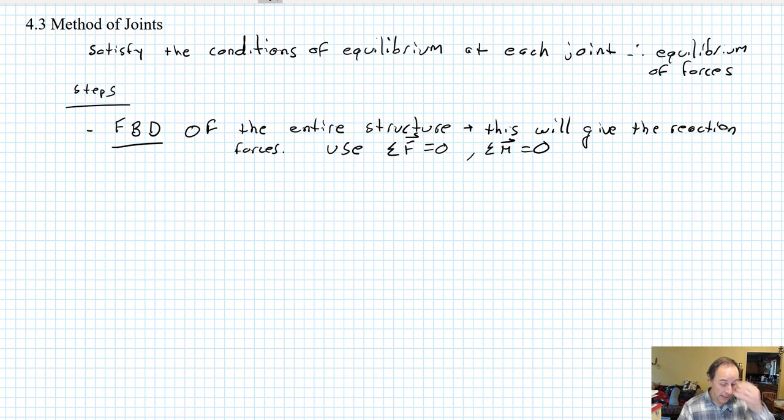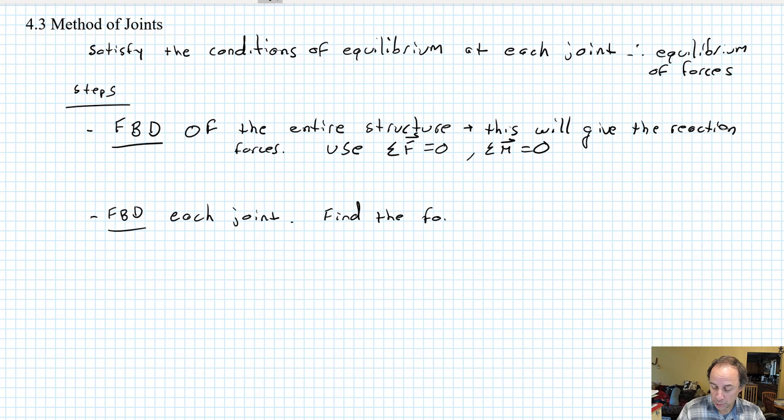All right, then you're going to draw a free body diagram of each joint. This means find the forces acting on each joint.